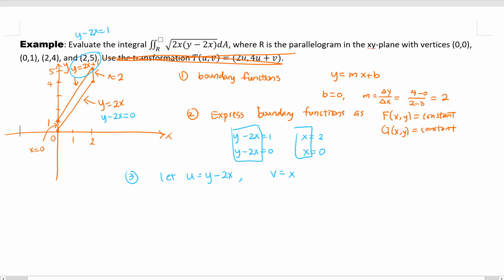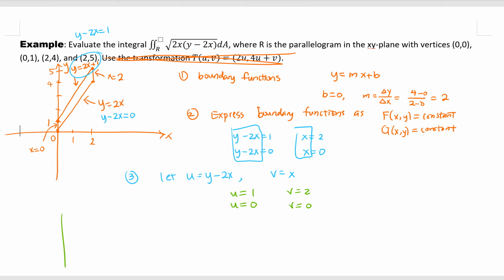This guy corresponds to u equals 1. This guy corresponds to u equals 0. This guy corresponds to v equals 2. This guy corresponds to v equals 0. So you can see now in u and v, the boundaries are just constants.